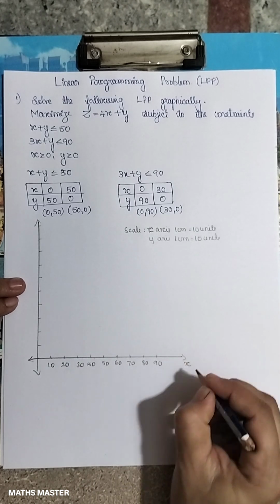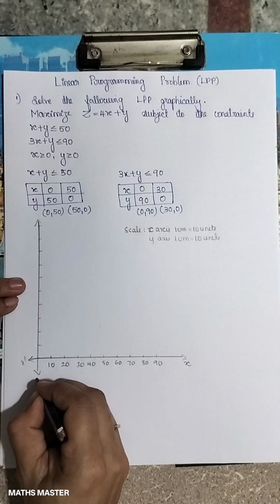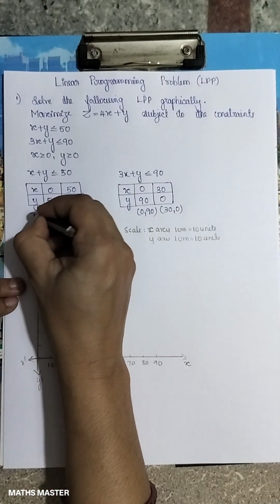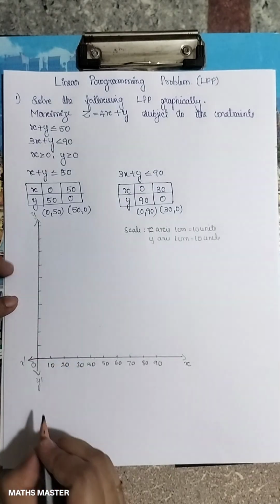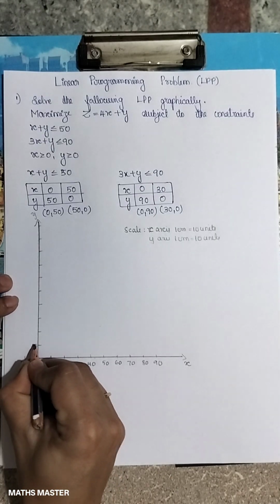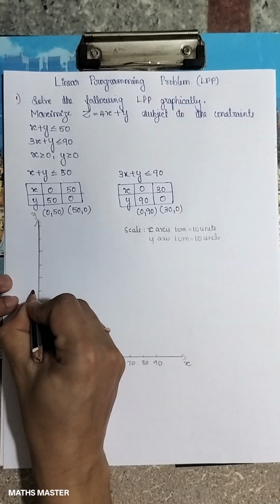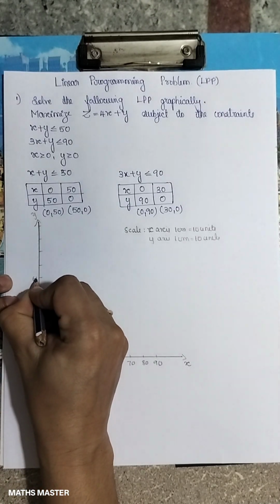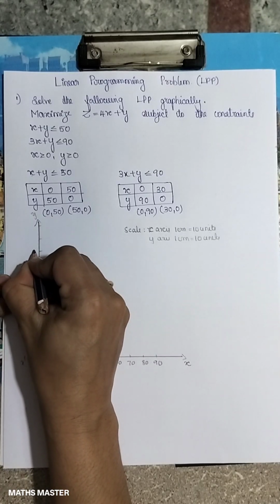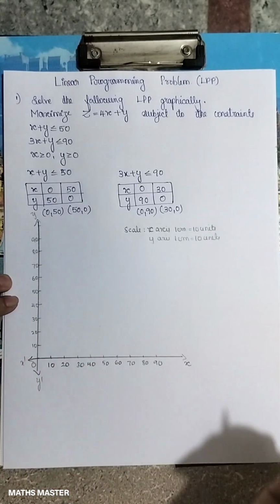So this is our x-axis, x dash, y, and this is our origin. So here also 10, 20, 30, 40, 50, 60, 70, 80, 90.